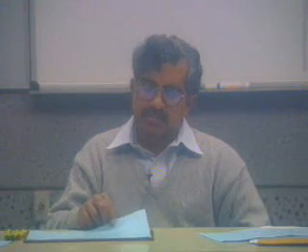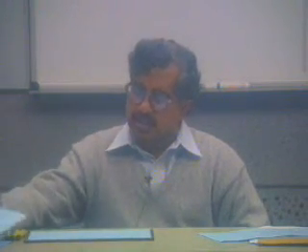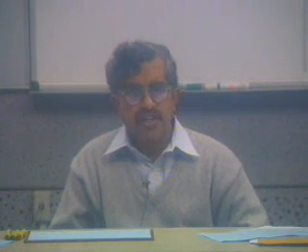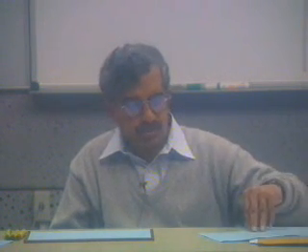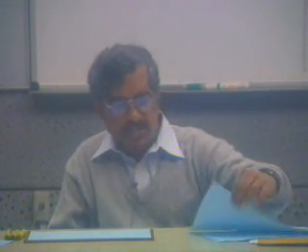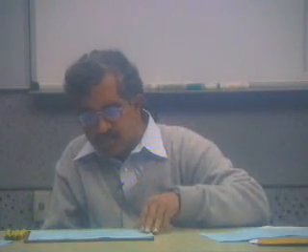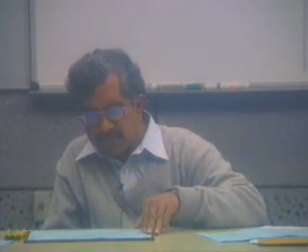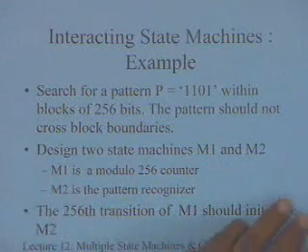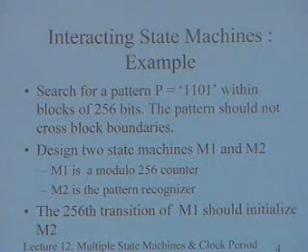But today we will consider 2 examples of systems where we need to have not just one state machine but more than one state machine. So we are talking of interacting state machines, and we will start from an example. You will see that the methodology that we are following is a little ad hoc.